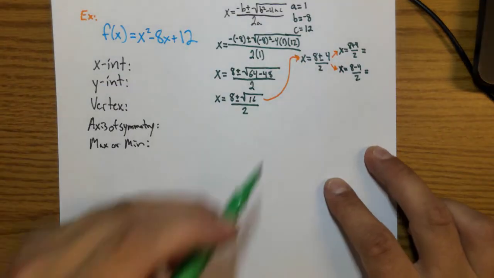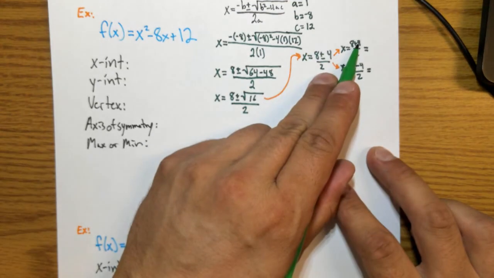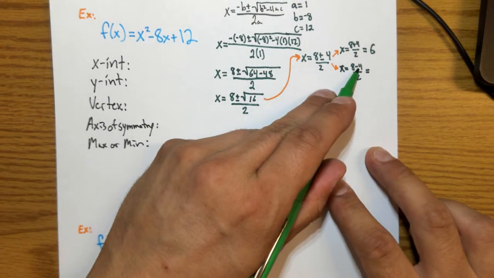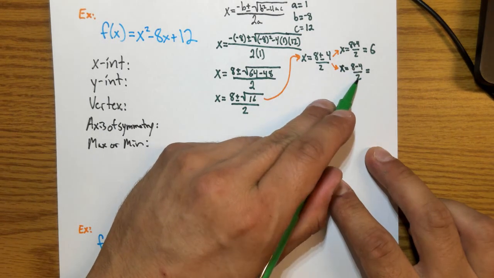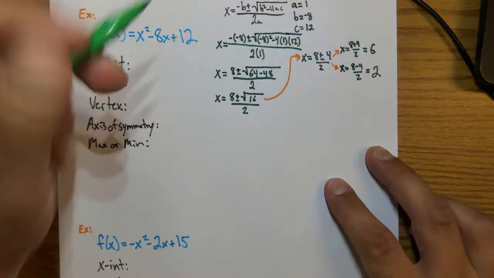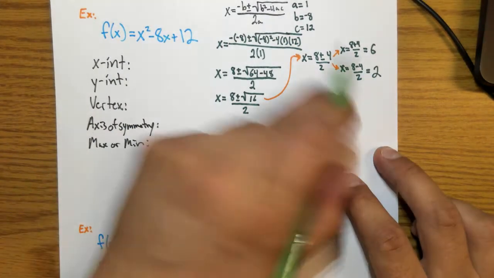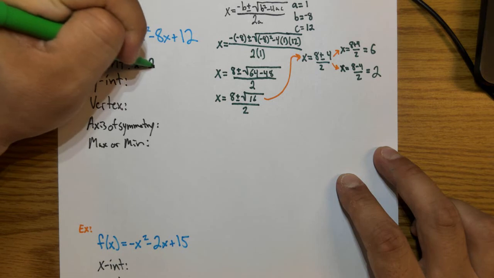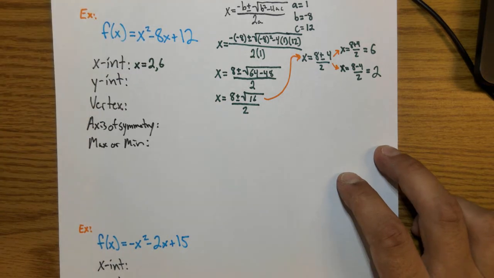So to simplify each, 8 plus 4 is 12, divided by 2 is 6. 8 minus 4 is 4, divided by 2 is 2. So we have our x-intercepts. Our x-intercepts are x equals 2, 6.